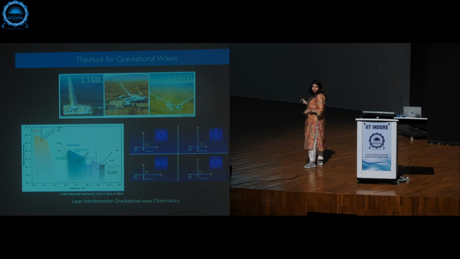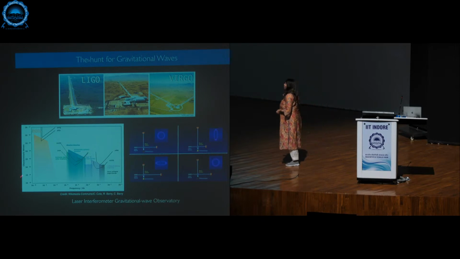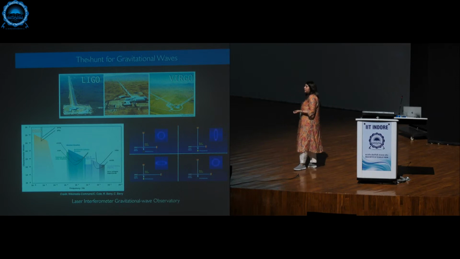Compact stars, I don't know if you can see it here, actually lie in this part of the detection band that these observatories look for. And surely you can't see the axis here. The strain for gravitational waves would be 10 to the power minus 24.